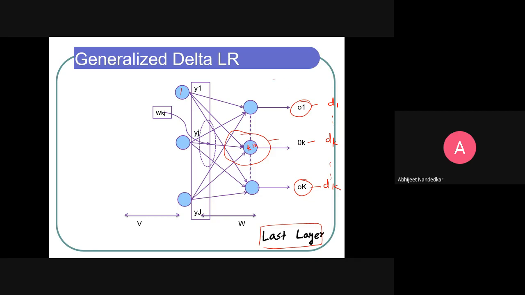So the error is equal to half multiplied by (D1 minus O1) squared, so that it is always a positive number, plus (D2 minus O2) squared, and so on up to (Dk minus Ok) squared, and so on up to (D capital K minus O capital K) squared. We do the difference for each node, square it, and add them up, just multiplying by half so that it looks like an energy signal.